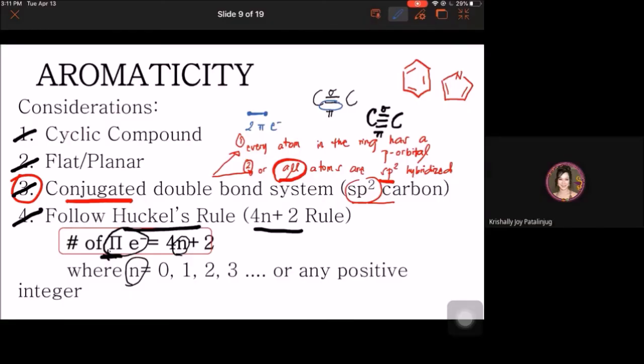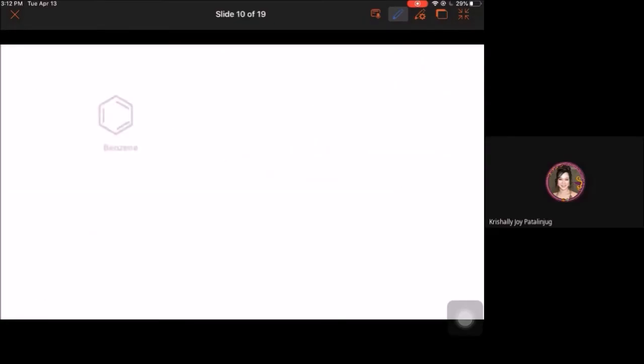Now, let's try to determine if the ring is aromatic or not. Let's start with homocyclic rings.